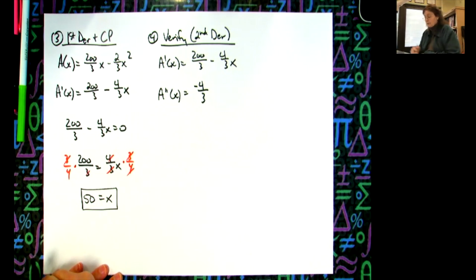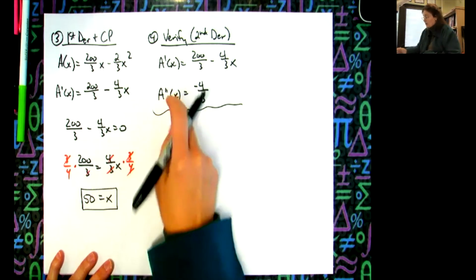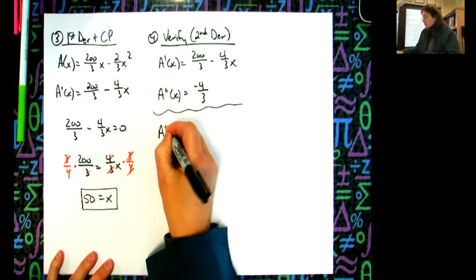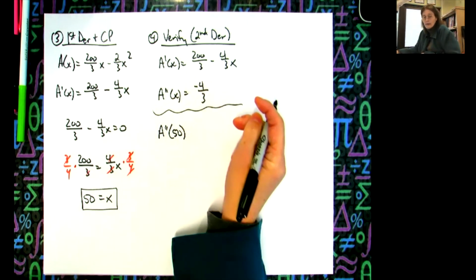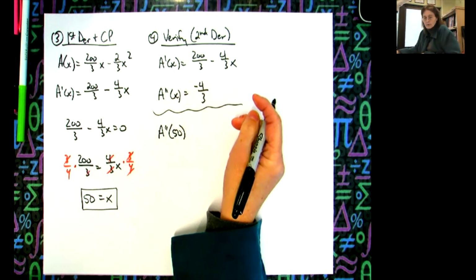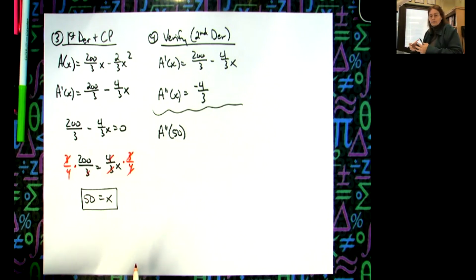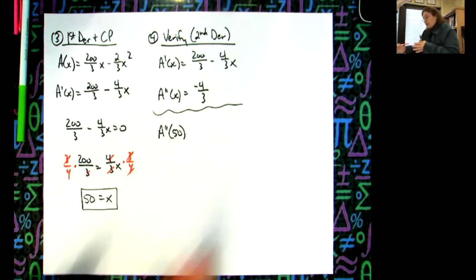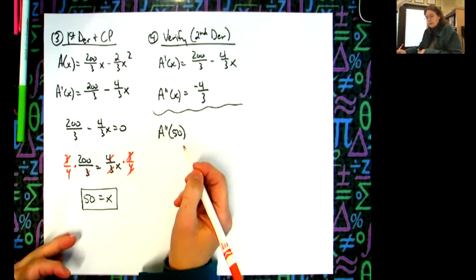Now, what am I supposed to do at this point? What I'm supposed to do at this point is plug this in. So my second derivative at 50, but my second derivative is negative 4/3. This is where some people kind of get a little bit lost. If you really are very concrete still in your learning and you like to plug something in, like this notation says, I take 50 and plug it into my second derivative.